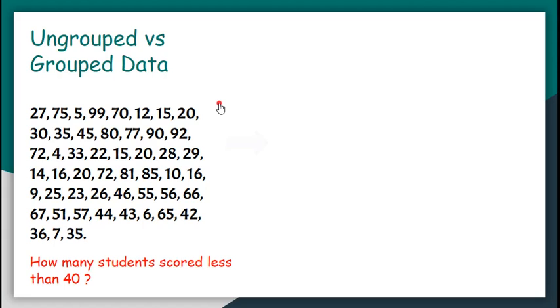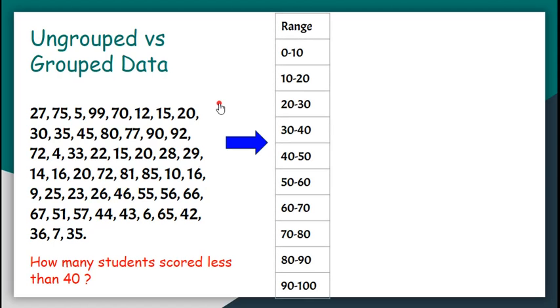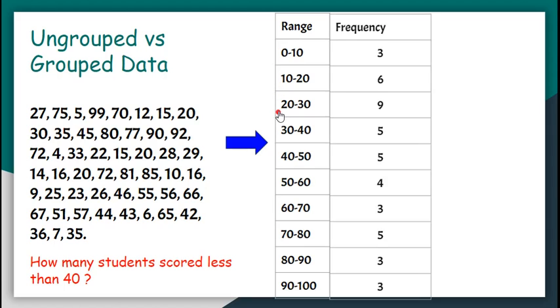But as soon as we convert this ungrouped data into small groups of numbers, which is marks between 0 to 10, 10 to 20, 20 to 30 and so on, and then we see how many people got those marks in the form of frequency, it is very easy to calculate how many students scored less than 40. How many would that be? 3 plus 6, which is 9, 9 plus 9, 18, plus 5, 25.